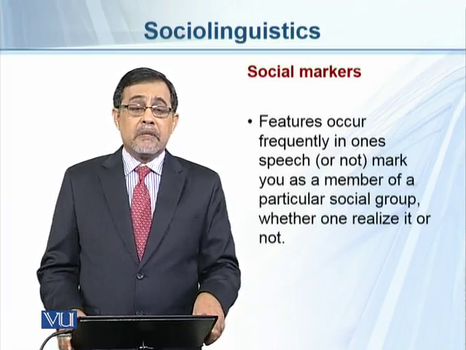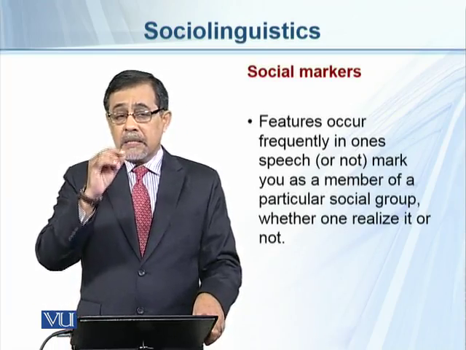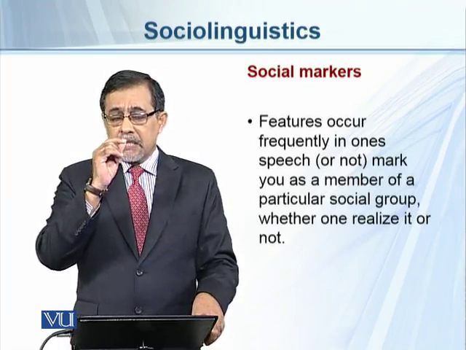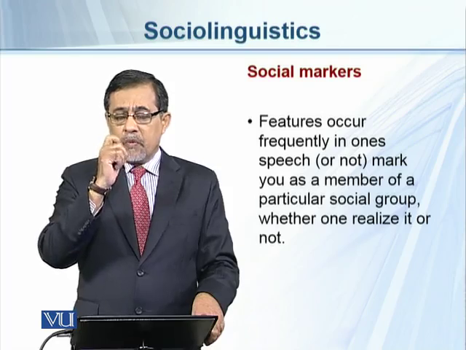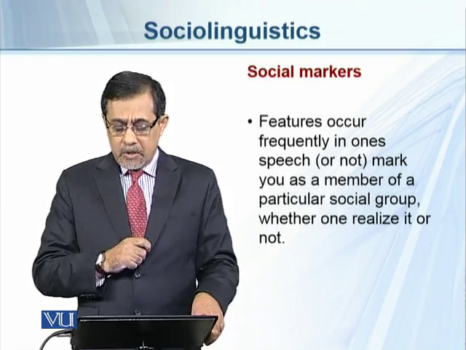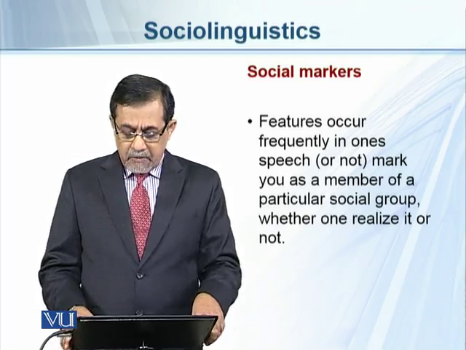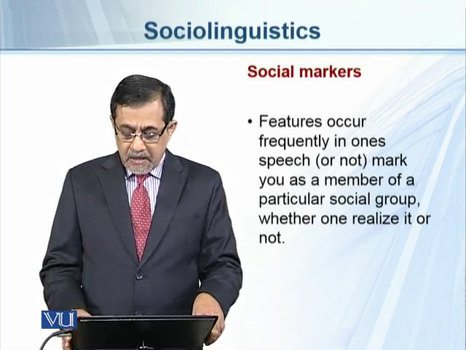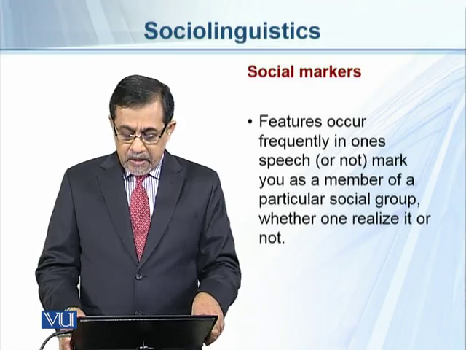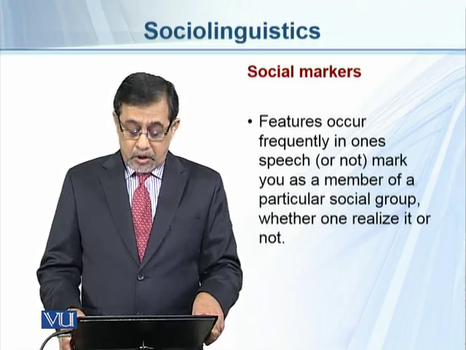Social markers. When we speak a language, there are certain markers in our speech which determine which class we belong to. So features that occur frequently in one's speech, or do not, mark you as a member of a particular social group, whether one realizes it or not.